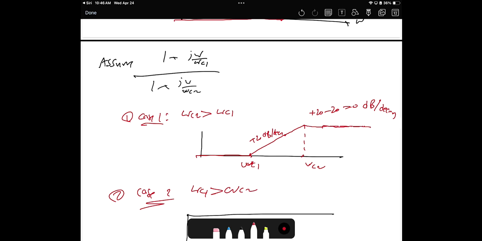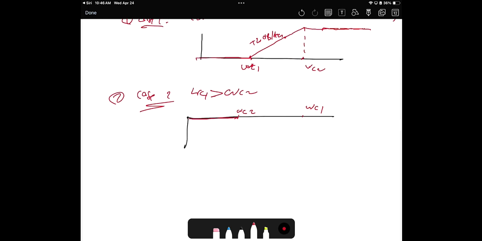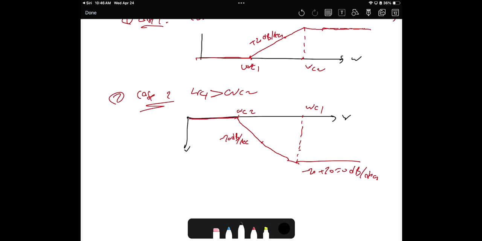At omega c2 the pole is activated. A pole means negative 20 dB per decade. Then at omega c1, the zero will be activated, so negative 20 plus 20 will make it 0 dB per decade. Here is omega.